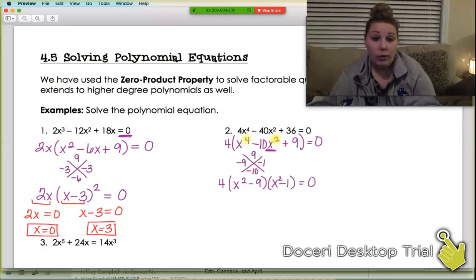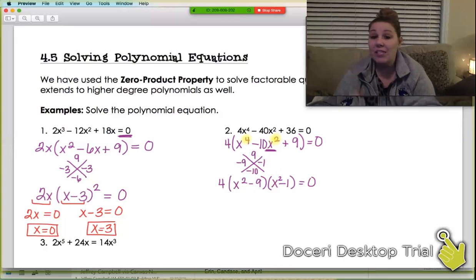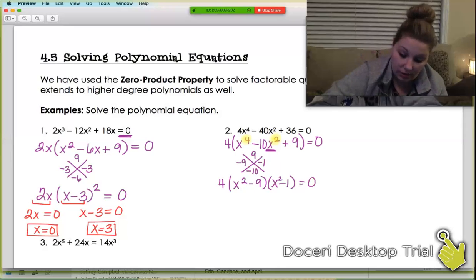Now, we've got 3 factors there, but we want to make sure it's factored completely. And so you might be seeing one of them, but you might not realize both of those are differences of squares. This one is x and 3, and this one is x and 1.